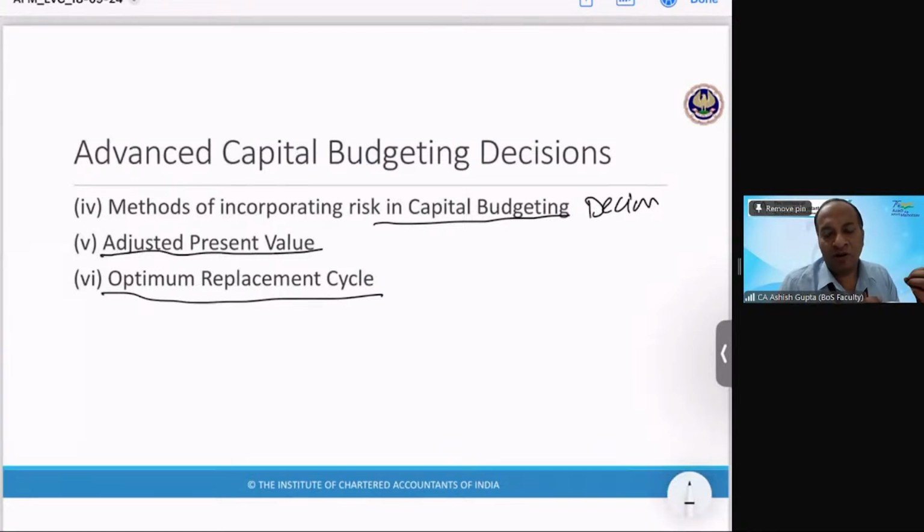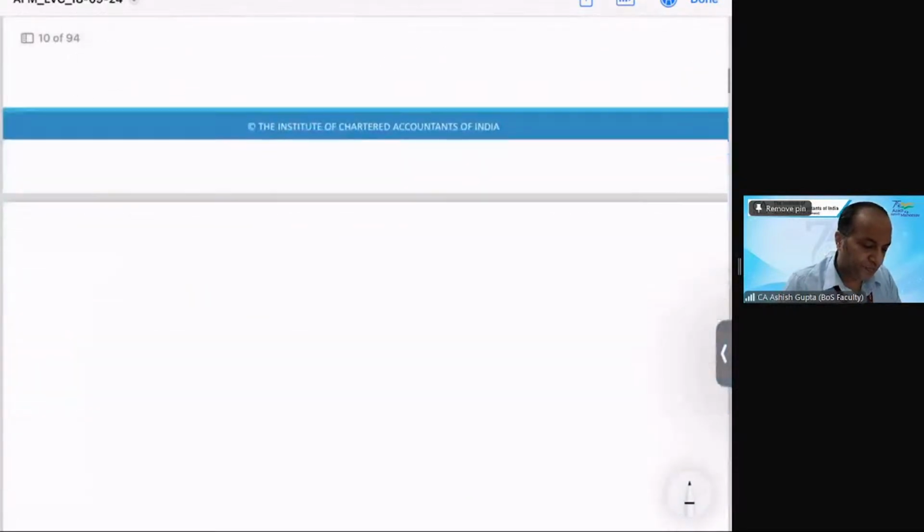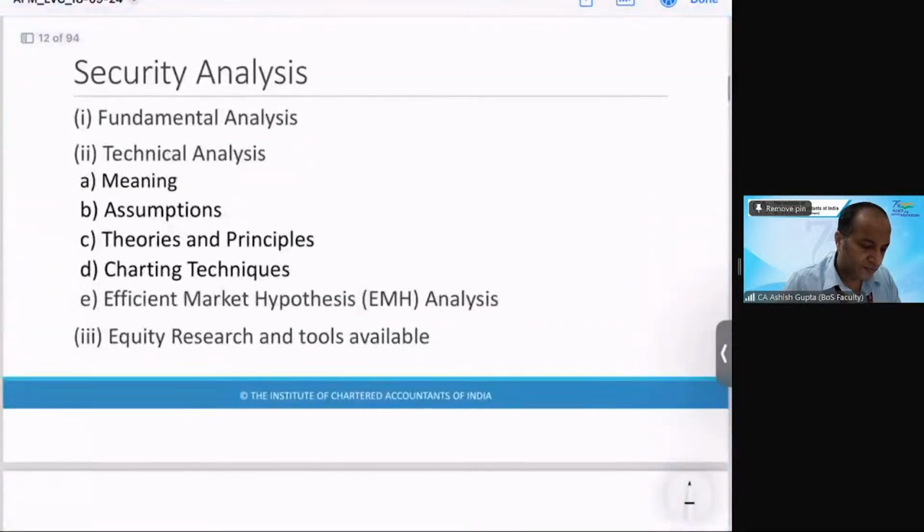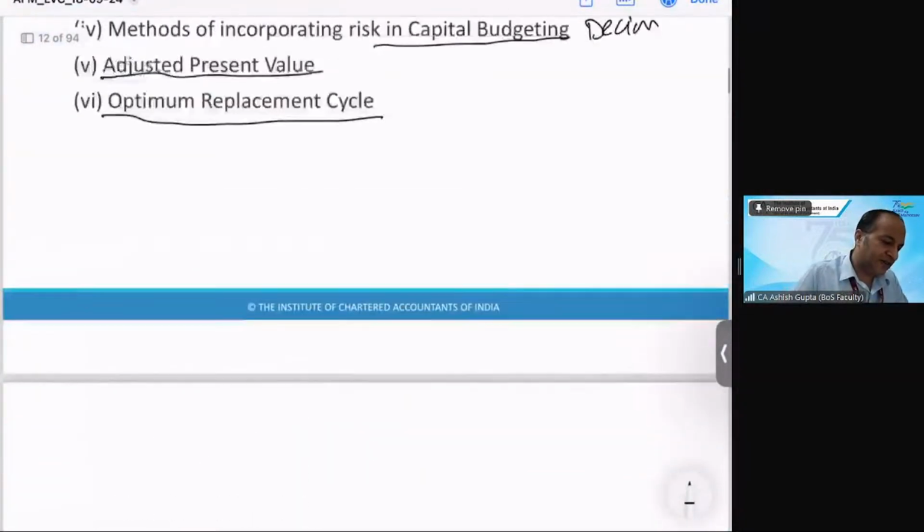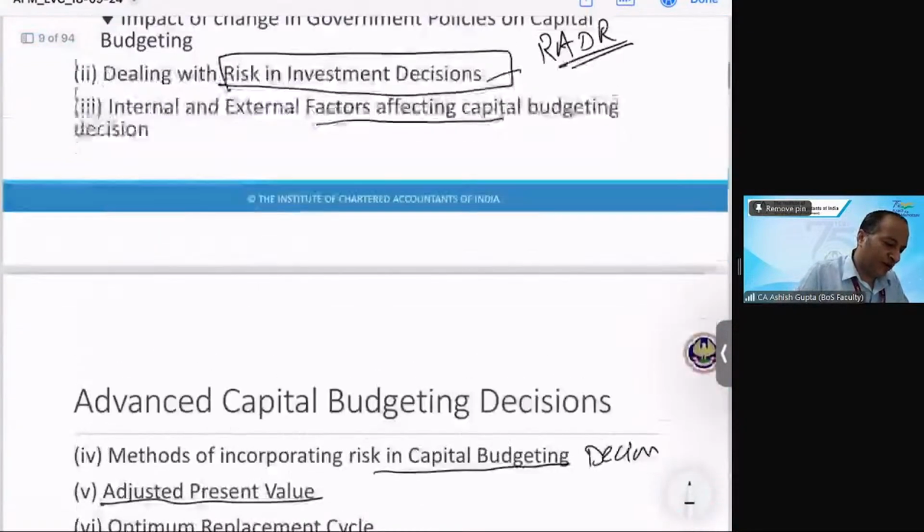But I'm talking about some countries, or even in India, where a transport company may own a taxi fleet. They have to decide after how many years they have to replace their taxis or cars. This is called the optimum replacement cycle. All will be covered here. This part is also covered in Section 1.